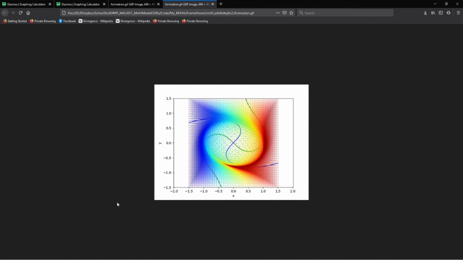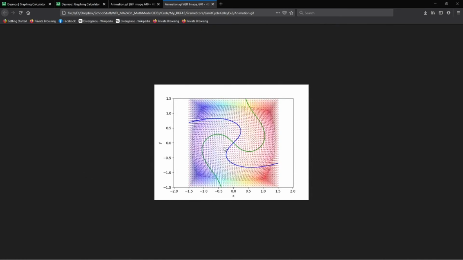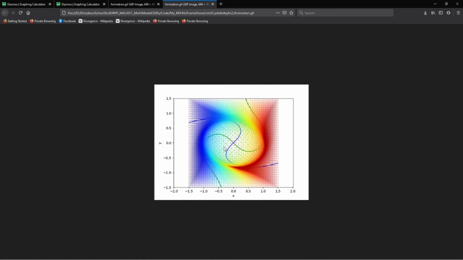And you see very clearly that the solutions that are close to the equilibrium point here at the intersection of the null lines are moving away from the equilibrium point, and the solutions for initial conditions that are outside of this annular region are moving in to this limit cycle, in the limit as t goes to infinity.